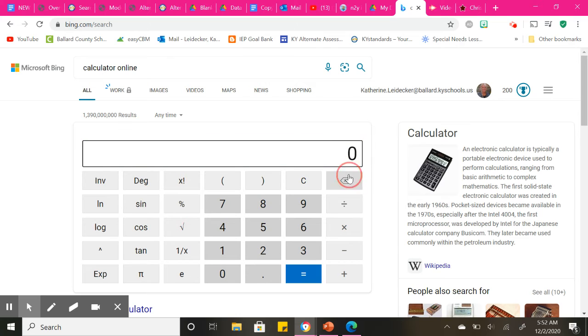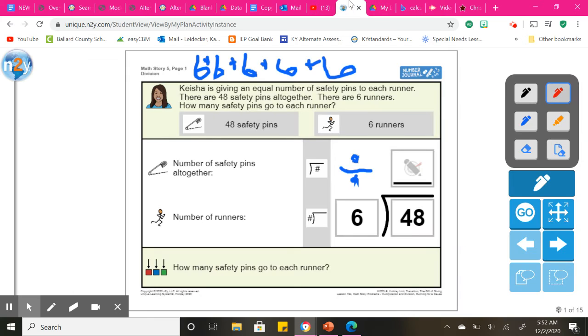I did that wrong. I'm sorry. So we do the big number first. 48 divided by 6, and that's 8. So 48 divided by 6 is 8. So I'm going to count 1, 2, 3, 4, 5, 6, 7, 8.